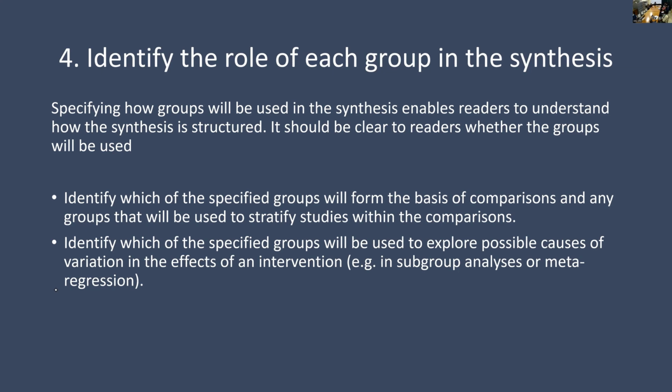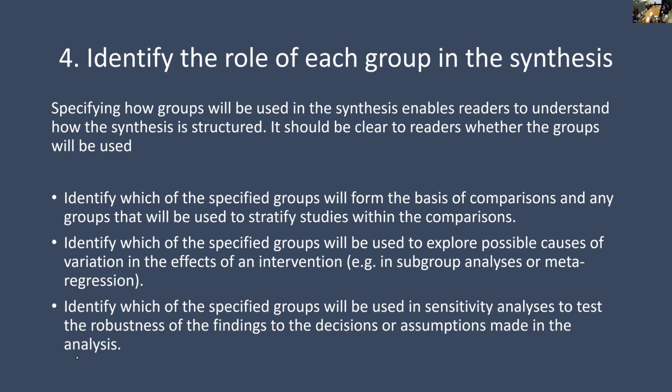Or you can identify which of these groups will be used to explore possible causes of variation in effect, like subgroup analysis and meta-regression. You should have decided what subgroups you're going to do and what groups you are going to use for meta-regression. Identify which of them will be used in sensitivity analysis, essentially to see how robust the results are. If you change the method of analysis, is the result changing or is it staying the same?